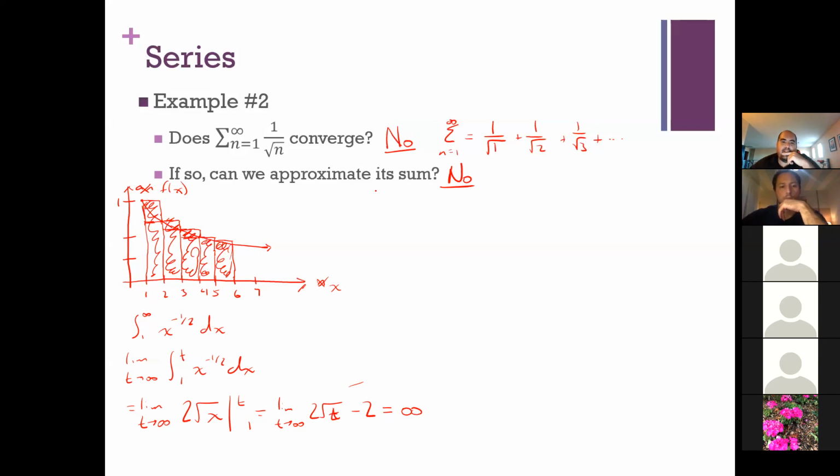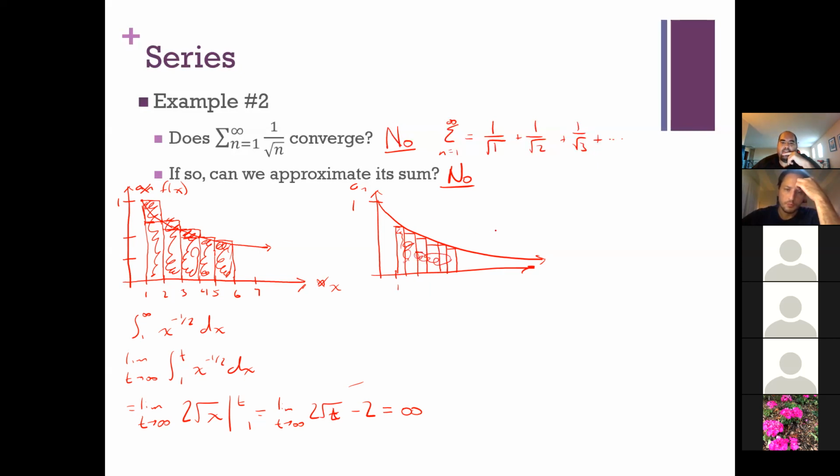So I'll draw the example here, which I sort of tripped myself up and was about to do anyway. If I redraw the curve and go with these rectangles, the rectangles are symbolizing the series, and I have area between the series and the integral.